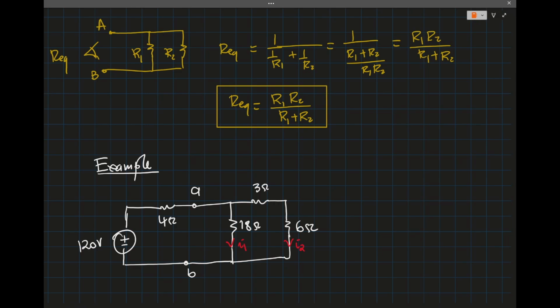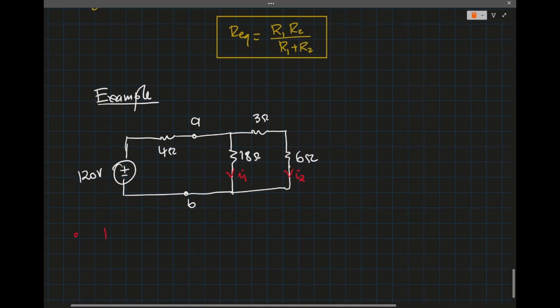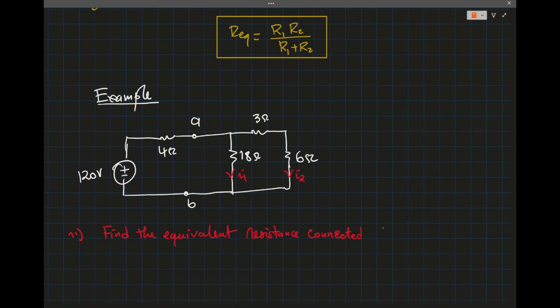Okay, so question 1: find the equivalent resistance connected to A and B, right?